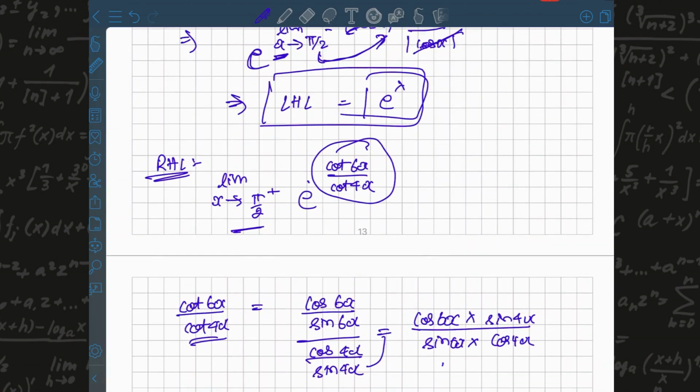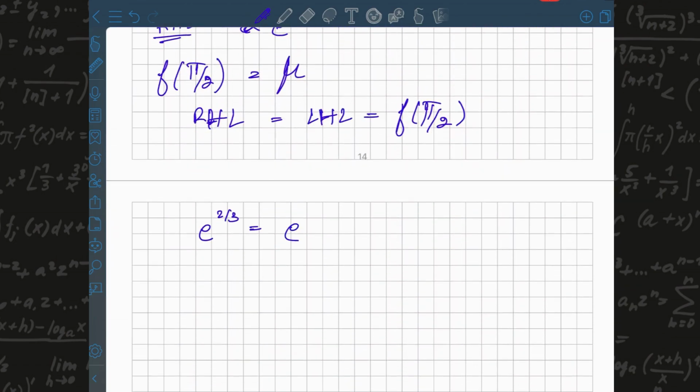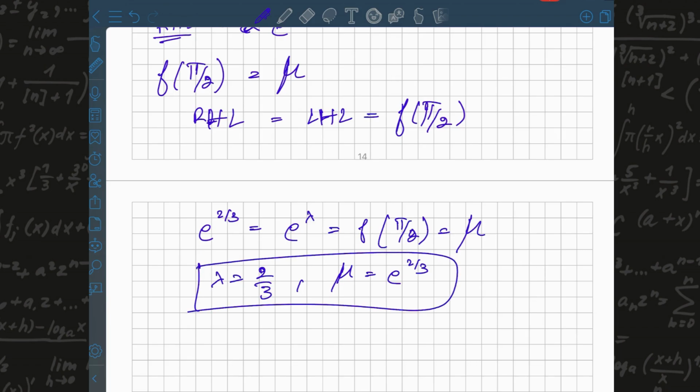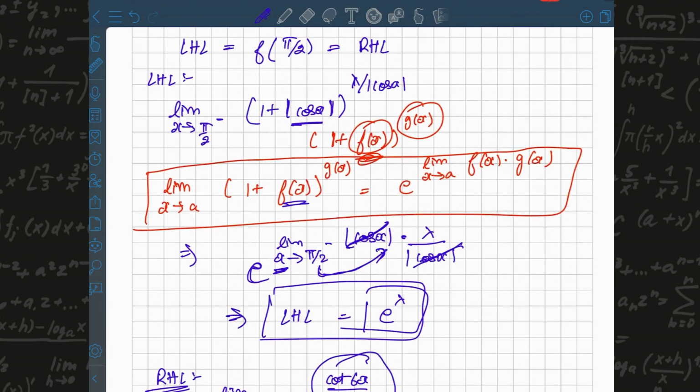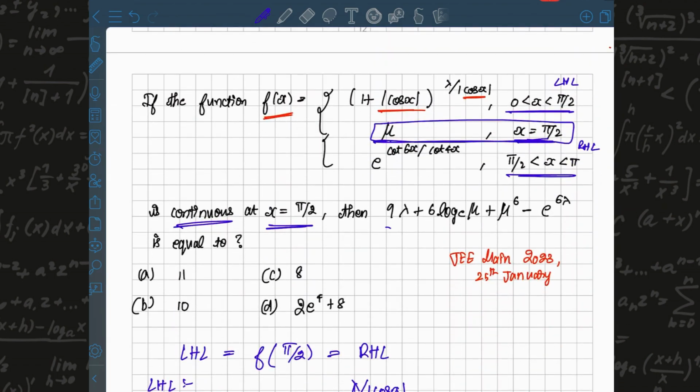We have already calculated. It is e power lambda, and this is f of pi by 2, which is nothing but mu. So we can write lambda equals 2 by 3, and then mu equals e power 2 by 3, right? So we have found the unknown terms here. These unknown terms are required to solve this equation. Okay, we got the lambda value, we got the mu value also.